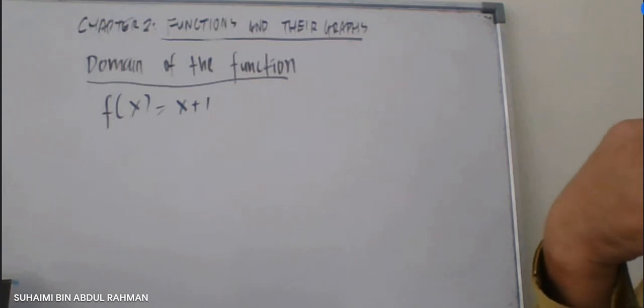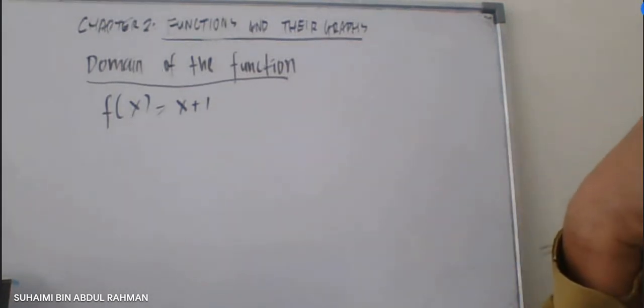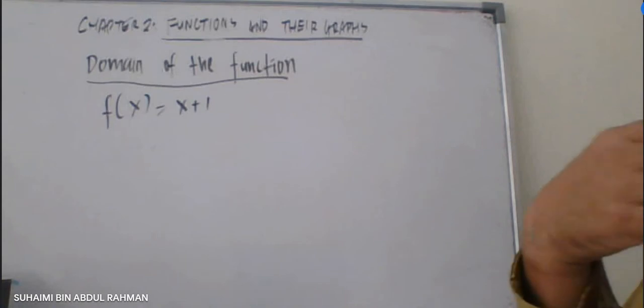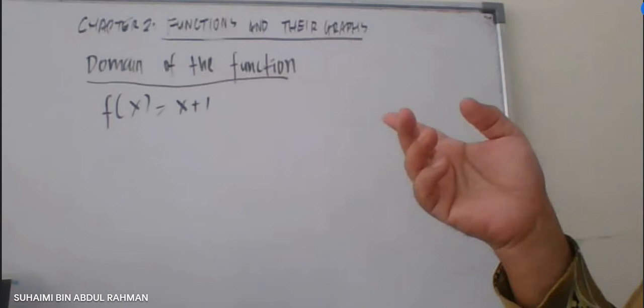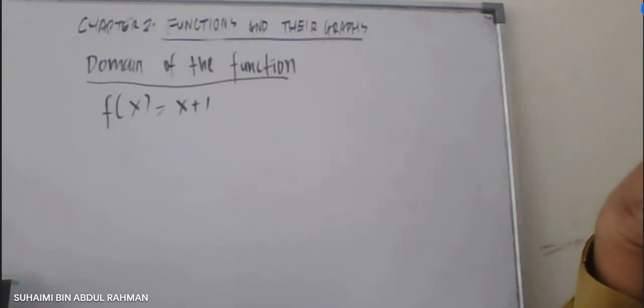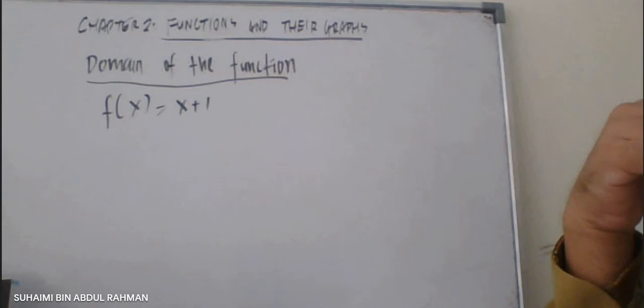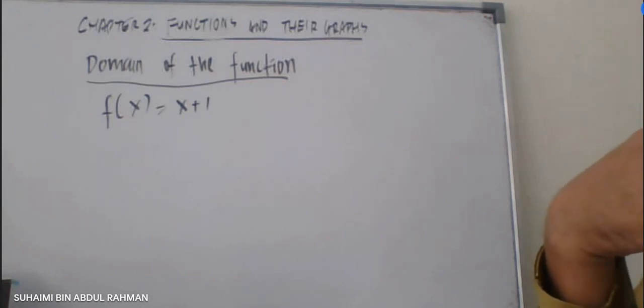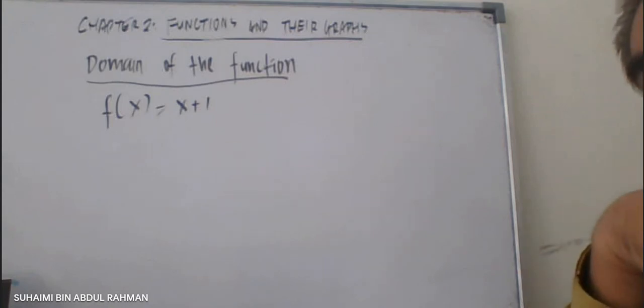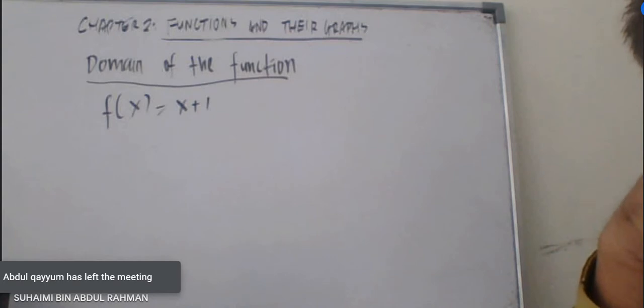So is it that we cannot put -1 there? Why can you not put -1? You got 0. Got 0 means no function? 0 is a function. It's still defined, but defined as 0.